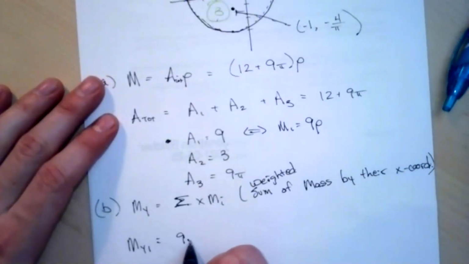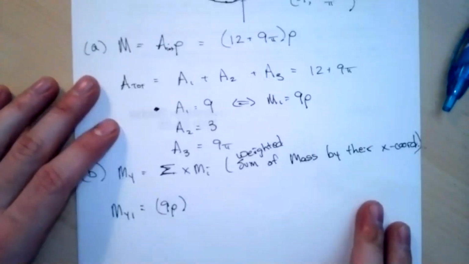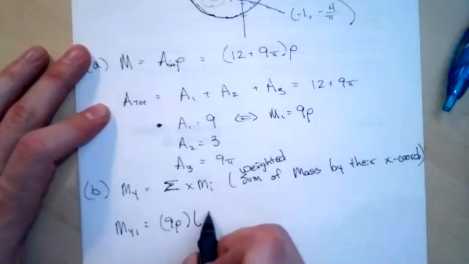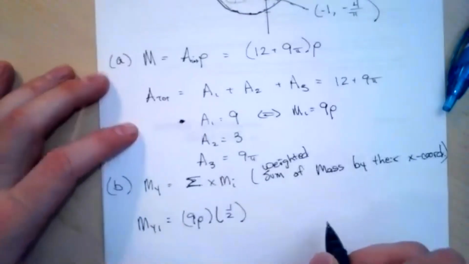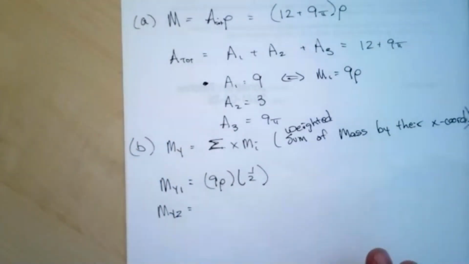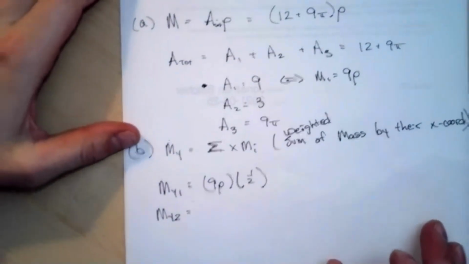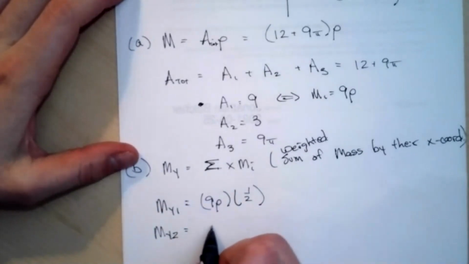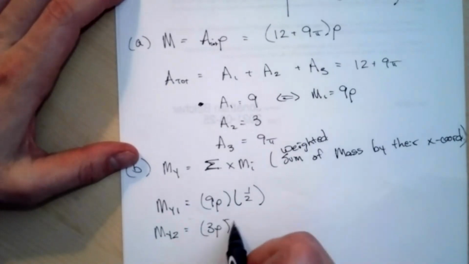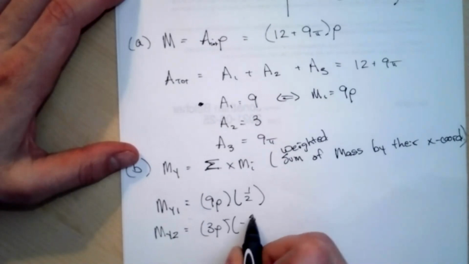So it's going to be 9 rho times its x coordinate of 1/2. The contribution to the moment from mass 2 is going to be the size of the mass weighted by its x coordinate, which is minus 5/2.